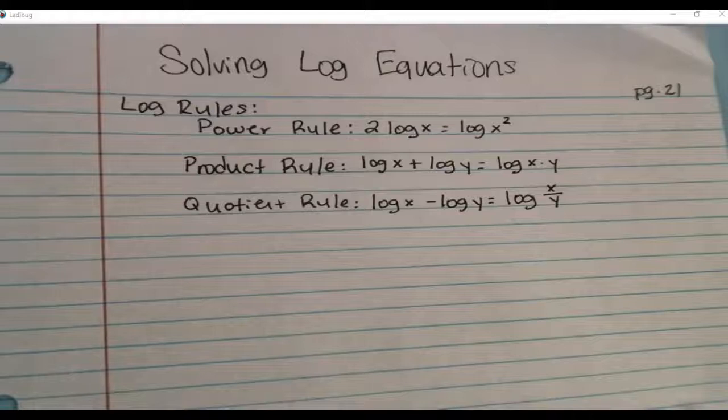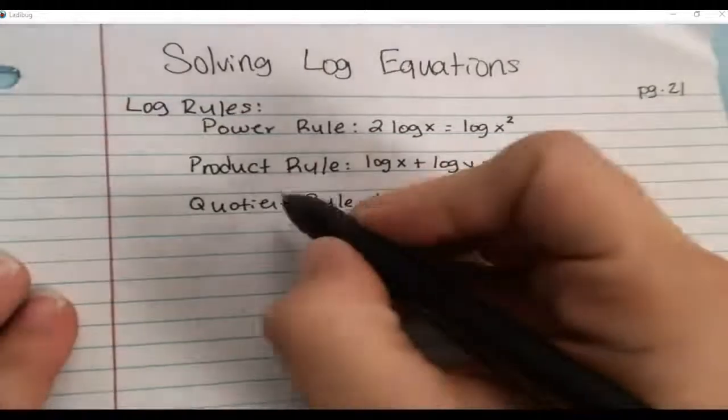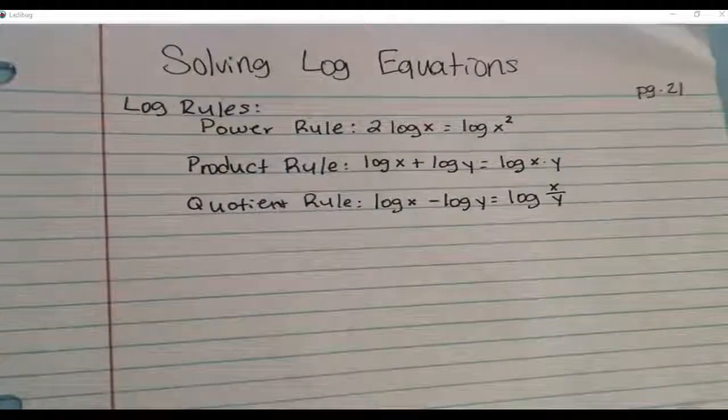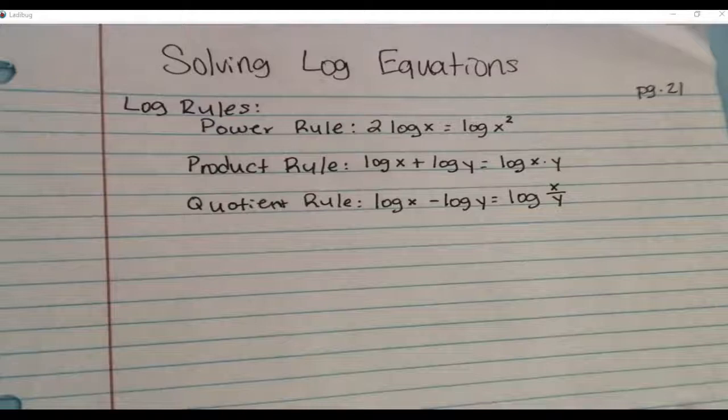Quotient. So same thing, when you are dividing bases, you subtract the exponents. So in this one, subtraction becomes division. So again, it's the same exponent rules that you've been doing since Math 1, just in reverse. Because logs and exponentials are inverses of each other.